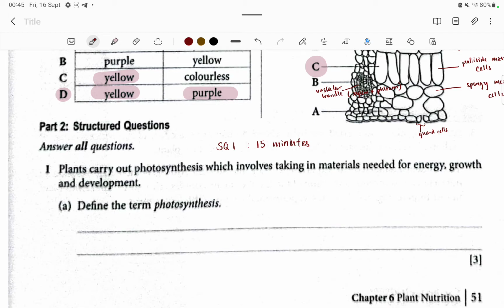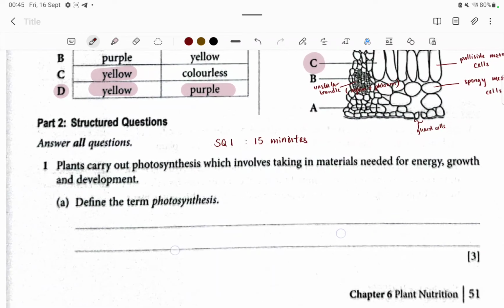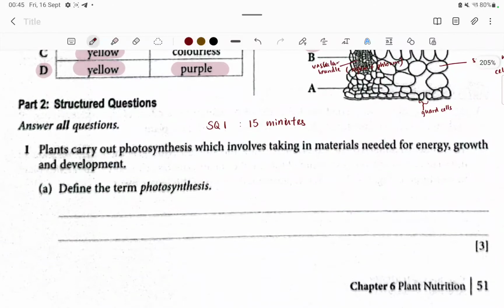Okay, so let's see. Number 1, plants carry out photosynthesis, which involves taking in materials needed for energy, growth and development. A, define the term photosynthesis. So let's write. Always when they ask you to define you must write down the term first.